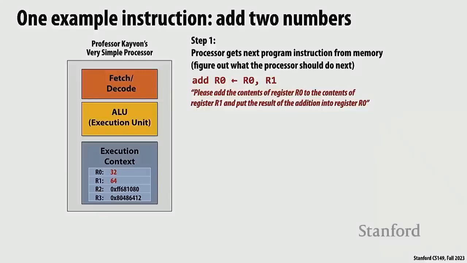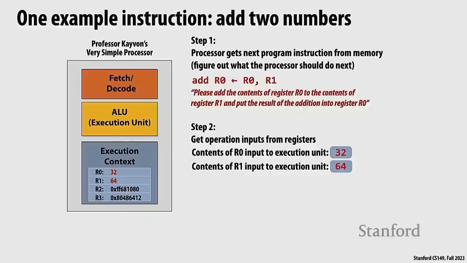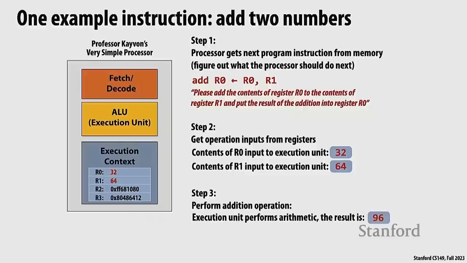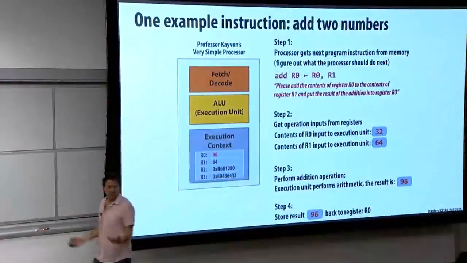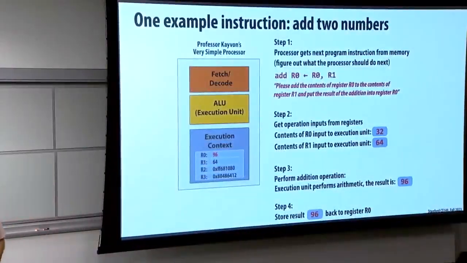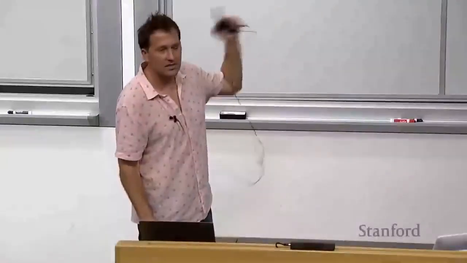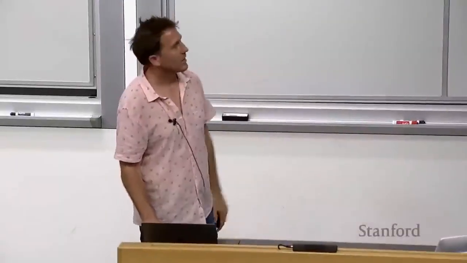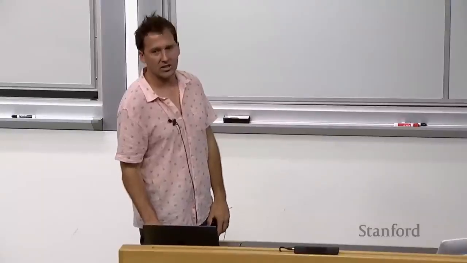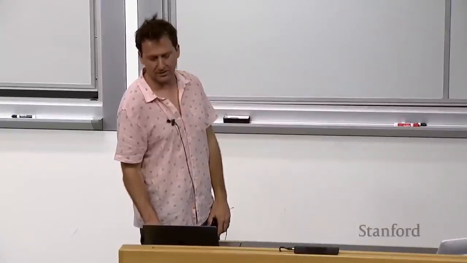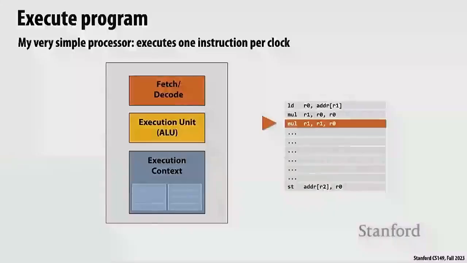Compute 96, and then it gets the contents of those registers, it updates the value, and then it modifies the state of the program to 96. Very, very simple instruction, add. So for now, I want you to think about this processor as, every single clock tick, just grabbing the next instruction, executing it, and updating registers. That's all it's doing. Okay?